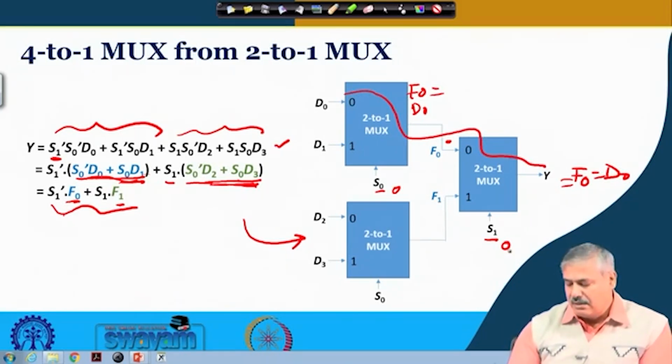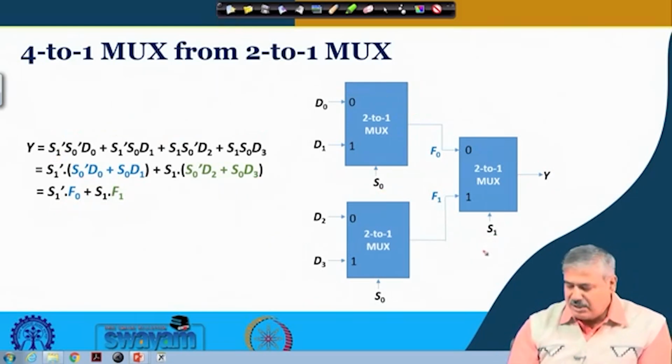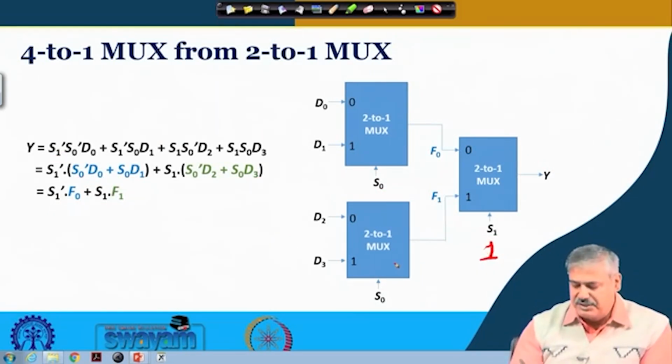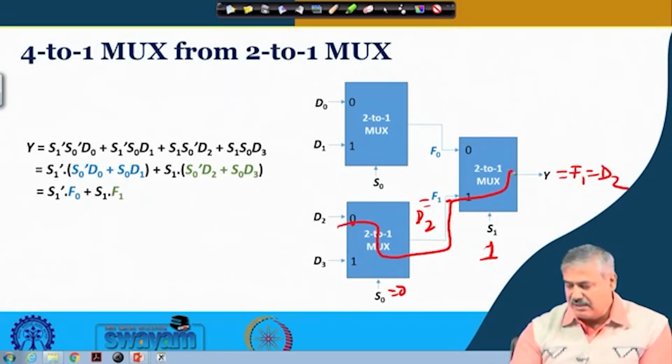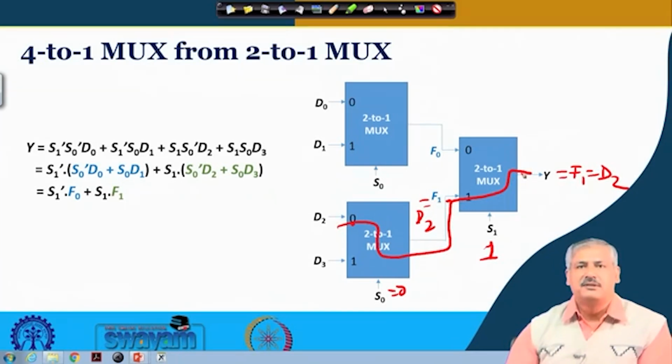And if instead S1 is 1 and S0 is 0, this line will be selected, F1 will be selected, and S0 equal to 0 means this one will be selected. So F1 will become D2 at that time, and Y will become F1 equal to D2. So basically we have this line going to the output for S1 equal to 1 and S0 equal to 0. Is it clear?